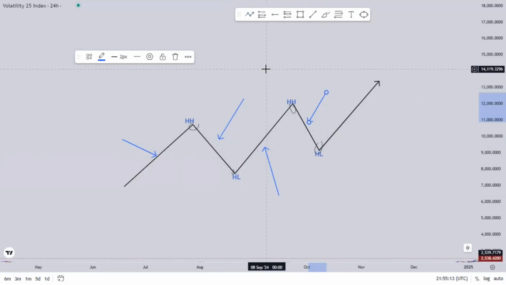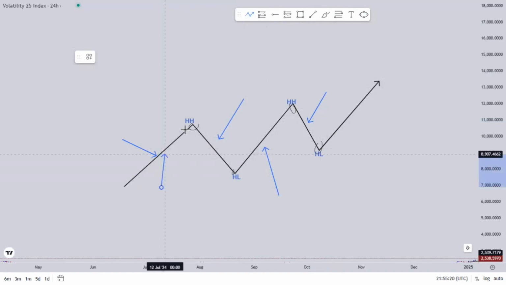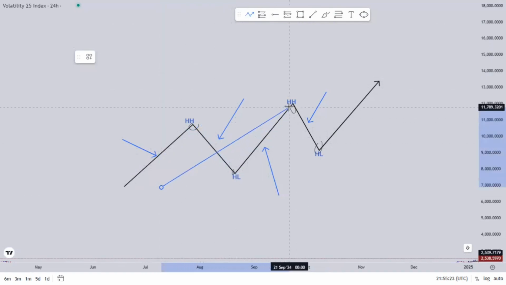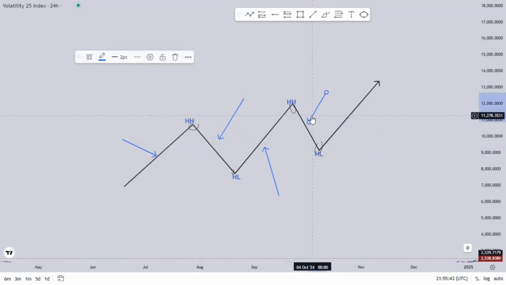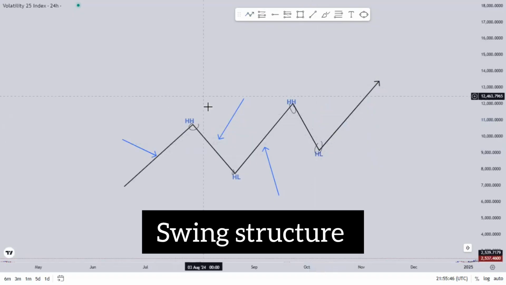But the difference between the impulsive and the corrective phase, if you notice, is that this leg is longer than this leg, and this leg is longer than this leg. That's why we call it the push phase or the impulsive phase, and the corrective phase. Now we have the push or the impulsive phase here, and we will be expecting the corrective phase. This is what I call a swing structure.